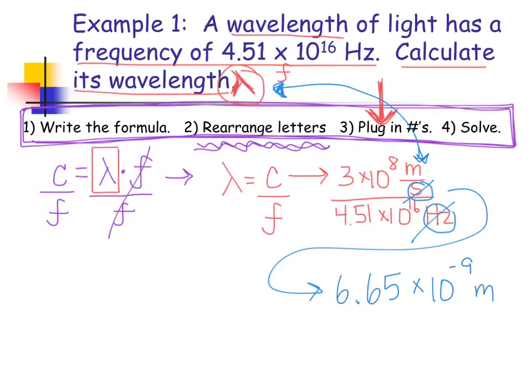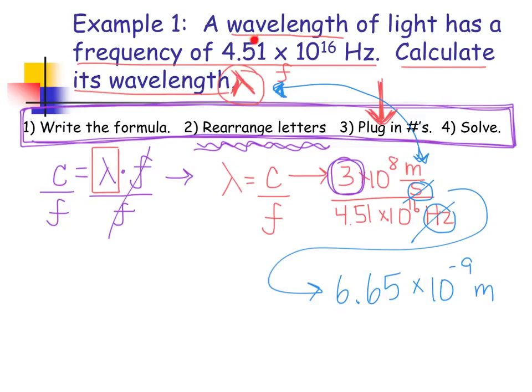Let's have a quick little sig fig discussion. A lot of you want to look at that 3 and say, it only has 1. You are totally right. Here's the problem. That is considered a constant, and we can't ever use constants for sig figs. So here's the general rule. Go back up into the problem that I gave you. Count sig figs up here. 4.51.